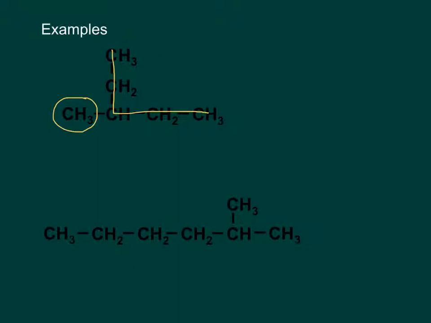That's a CH3 group, which is of course a methyl group. Now we need to use the lowest number possible. Doesn't matter in this case, because whichever end I start counting from, this is actually going to be carbon number 3. So the name is 3-methylpentane.